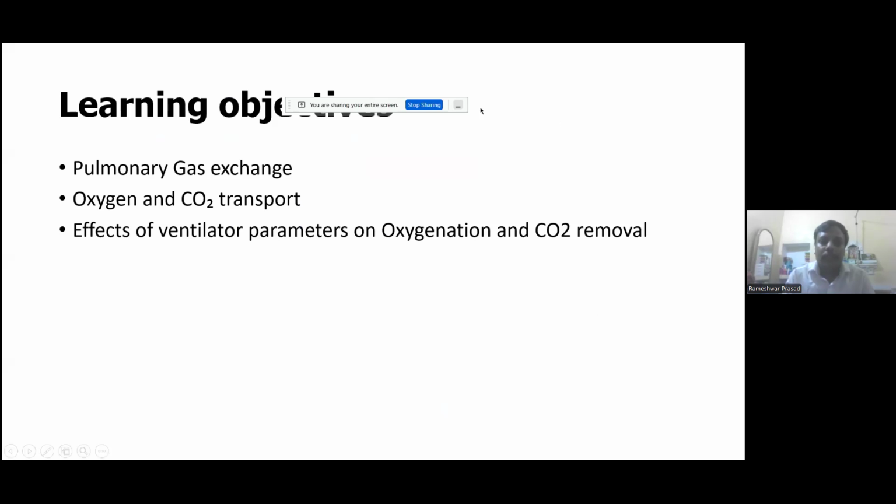The learning objectives will be pulmonary gas exchange, oxygen and carbon dioxide transport, and effects of ventilator parameters on oxygenation and CO2 removal. What I will not cover is the lung mechanics, because there is a separate presentation by other faculty in the next presentation. So I will confine myself to these three physiological aspects of ventilation.